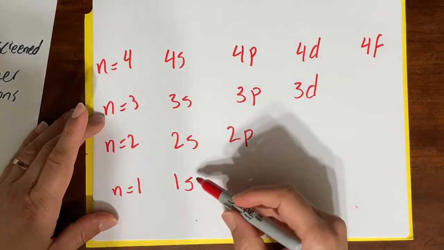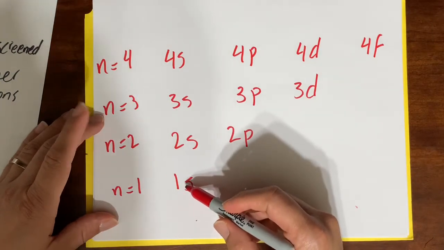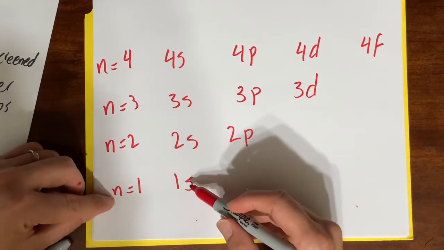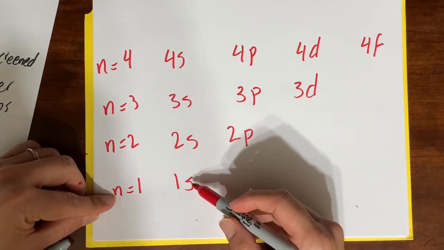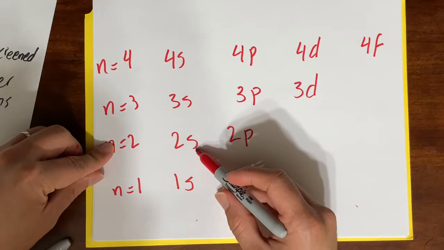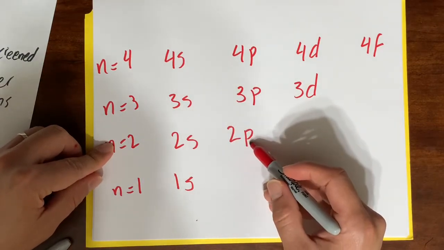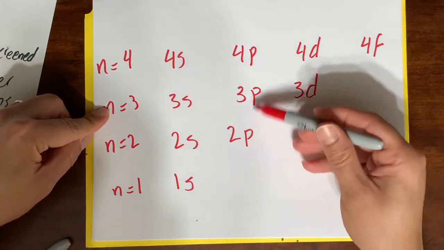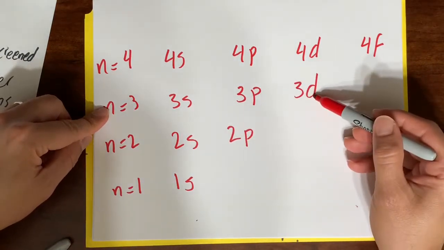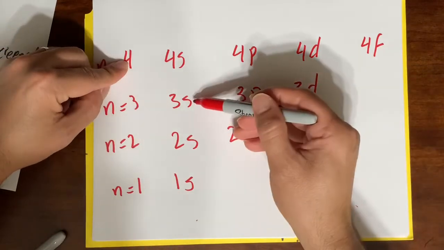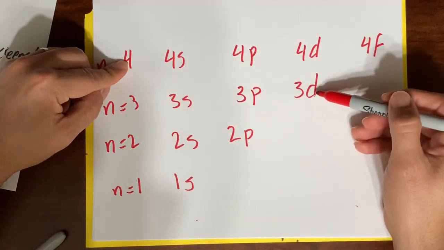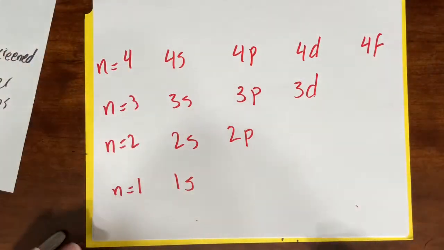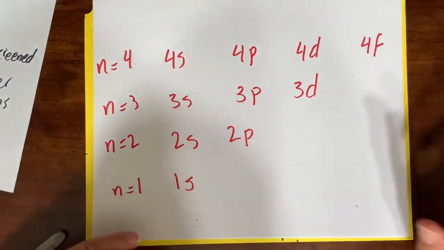So as you see, you always start with s, and when you increase n, you will introduce a new orbital. So from n1, I had only one orbital, s. n2, again, I start with s, but I introduce a new orbital, p. n3, I have the s, I have the p, and now the new orbital is d. n equal 4, we have the s, the p, the d, and the new one introduced is the f orbital.